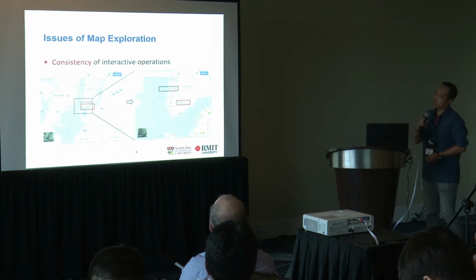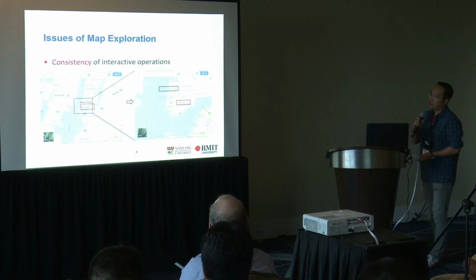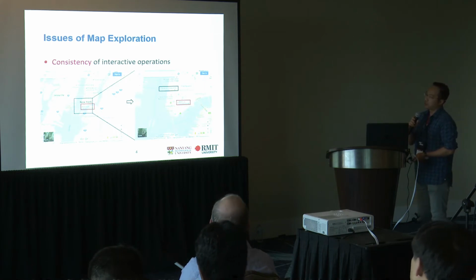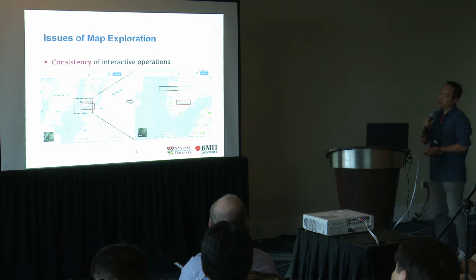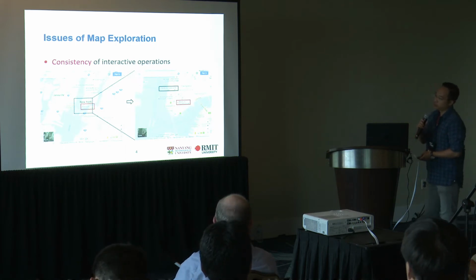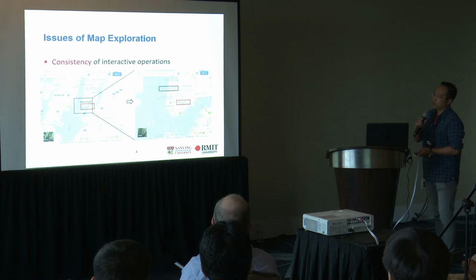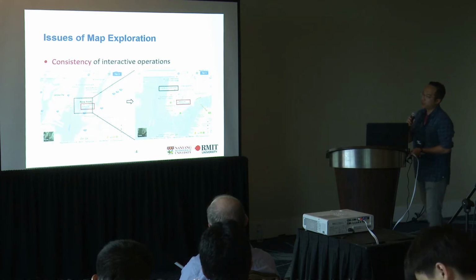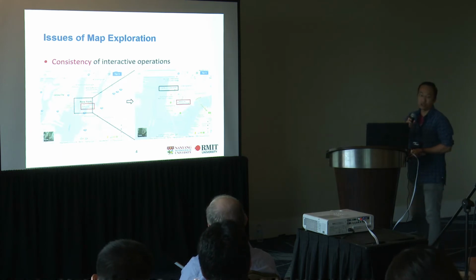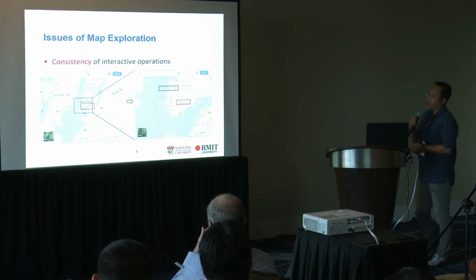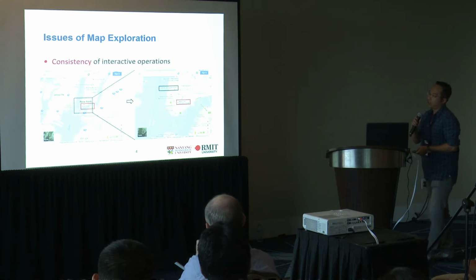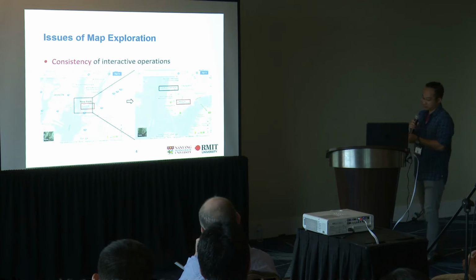The problem here is that when playing with maps, we should consider consistency. For example, this is an example from Google Maps, and we have shown some items on the map, for example, the New York Stock Exchange here. After zooming in on the map, something already shown on the map should remain visible, and we should maintain consistency after the user's operations.